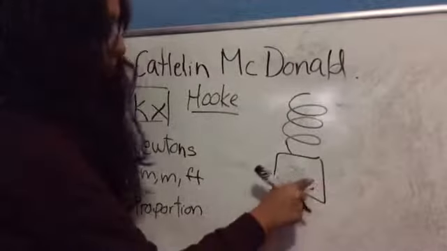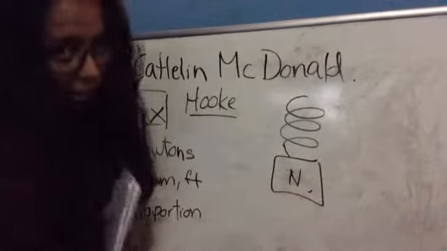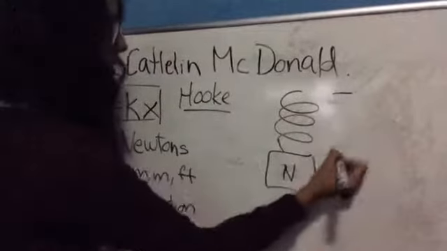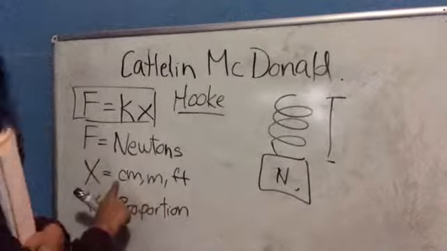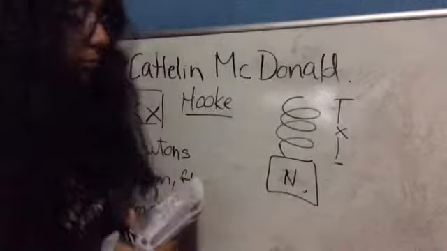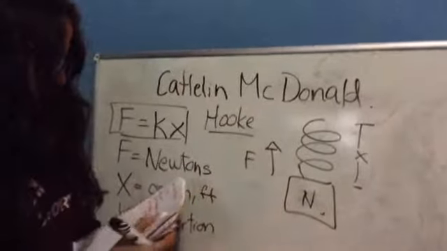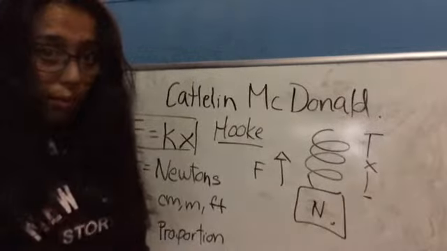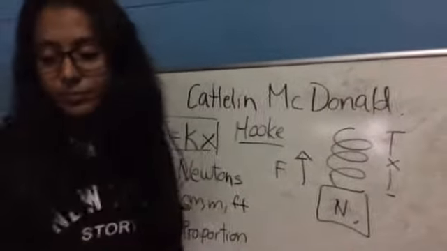This is going to be represented as the force that goes down, which is represented as newtons. And this part is the X, represented as centimeters or meters, which is the displacement. Then it has the force that goes up and down. The force is represented as newtons.